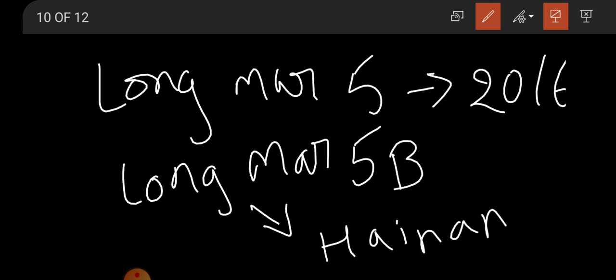I repeat, the first launch rocket is the Long March 5, released in 2016, and from this the advanced version, the Long March 5B, was launched.